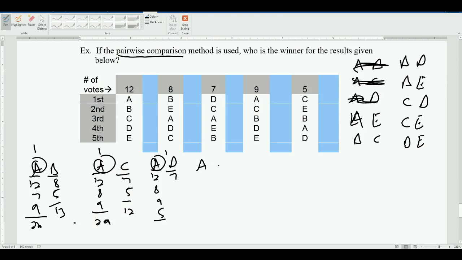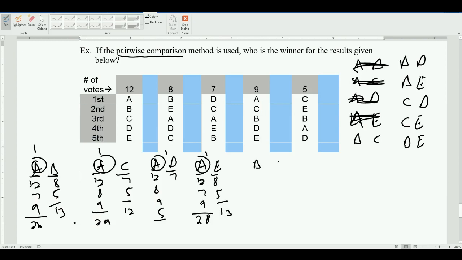Let's do A versus E. A wins those 12. E wins those 8. A wins those 7. A wins those 9. And E wins those 5. If you want to count those up, that's 28 versus 13. A wins there, so A gets another point.